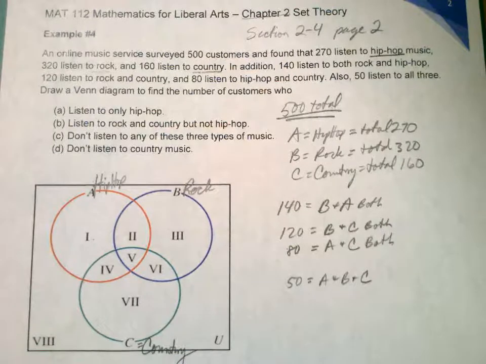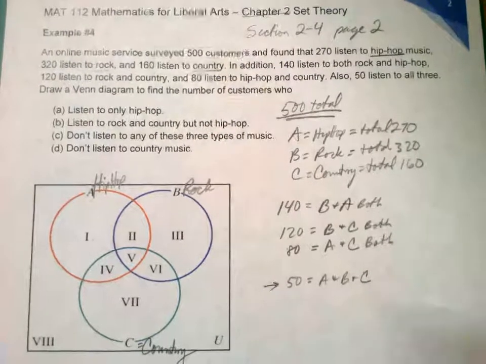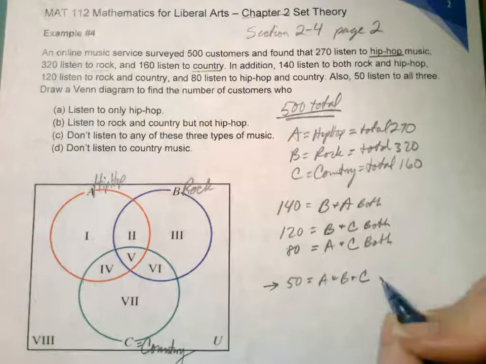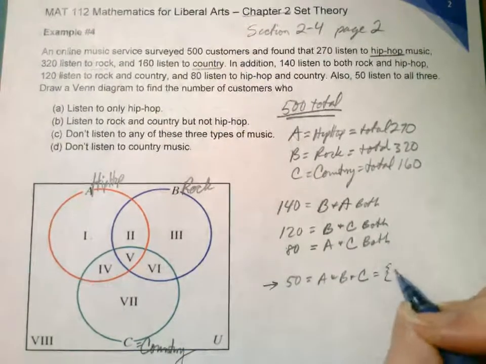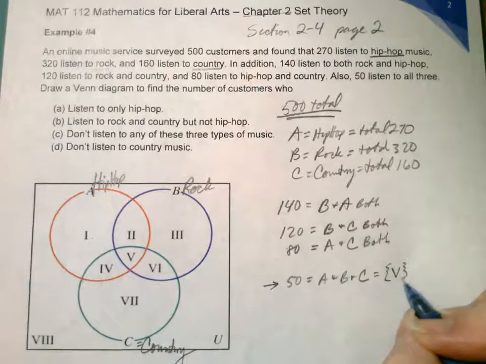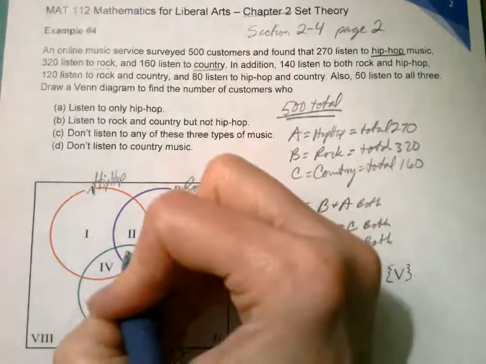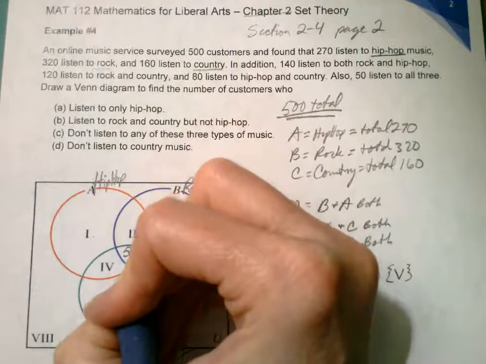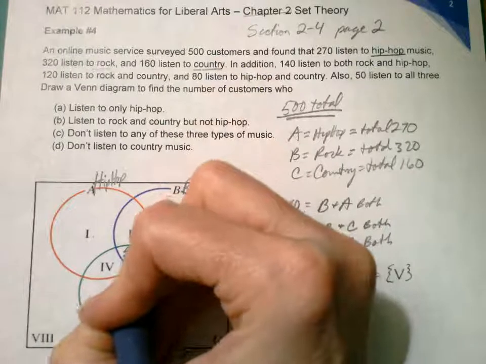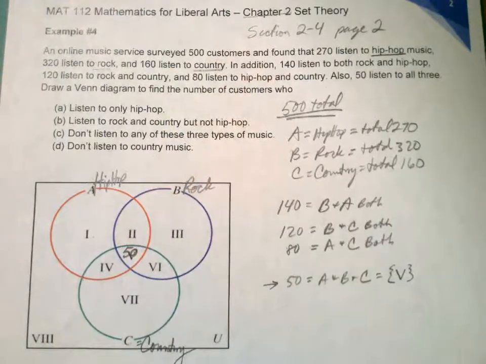So what can we start with putting things in here? Well, right there is all 3, which is in section 5. So we can put the 50 here, because those 50 people out of the 500 listen to all 3 stations.